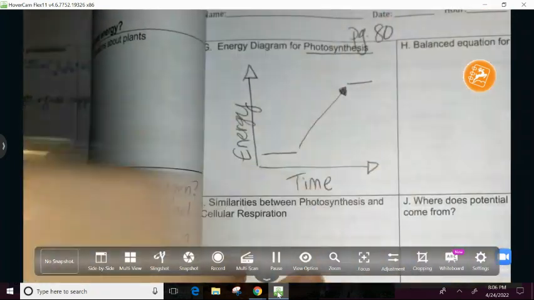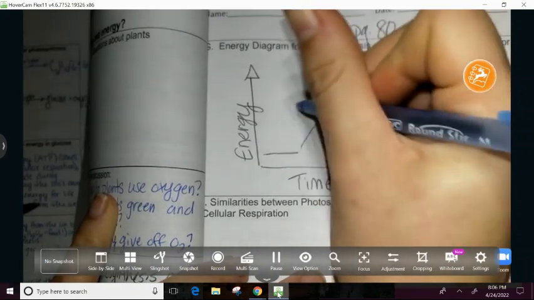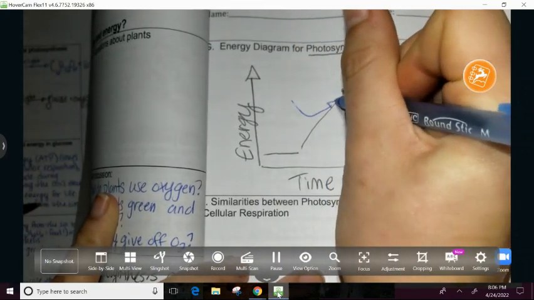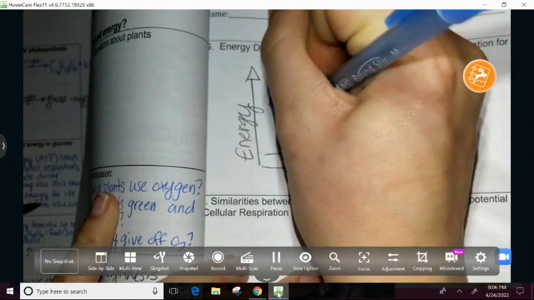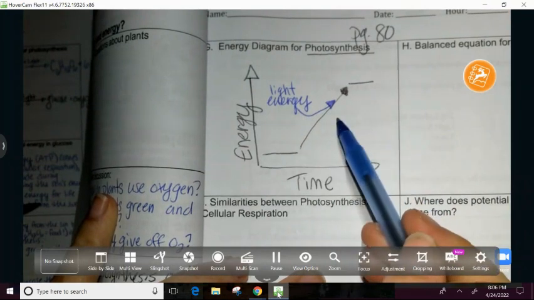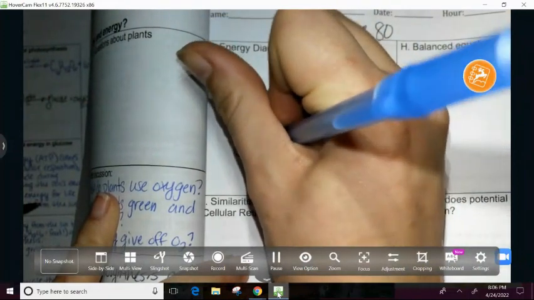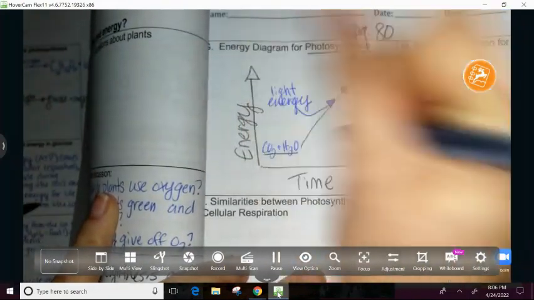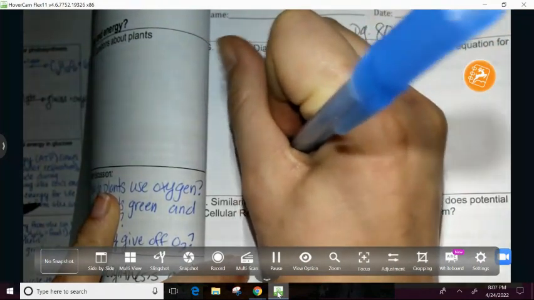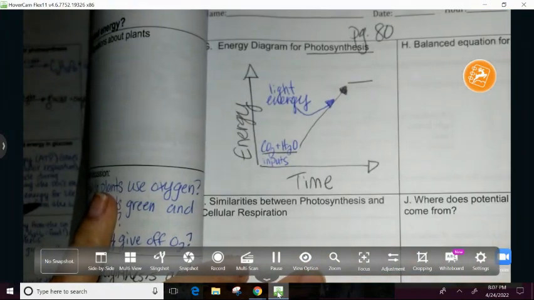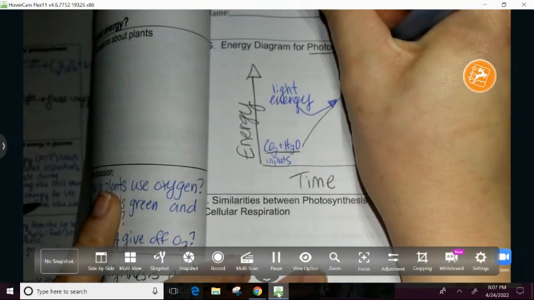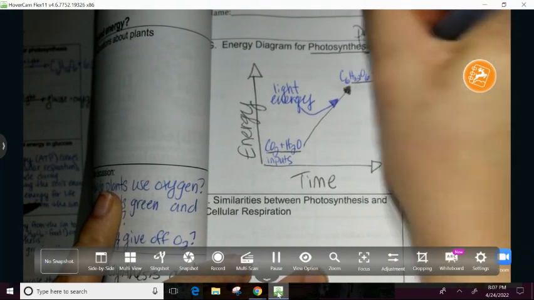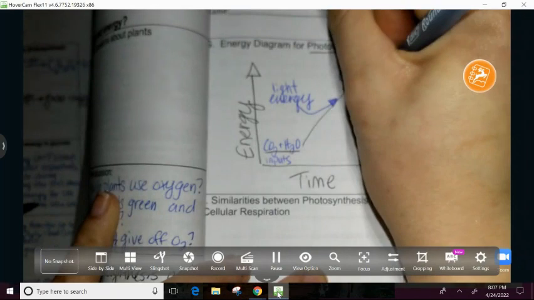We put in light energy. Remember, this is plant photosynthesis. So light energy gets put into the system. What plants take in is carbon dioxide and water. And then it creates that glucose and oxygen for us to breathe. Those are the outputs.